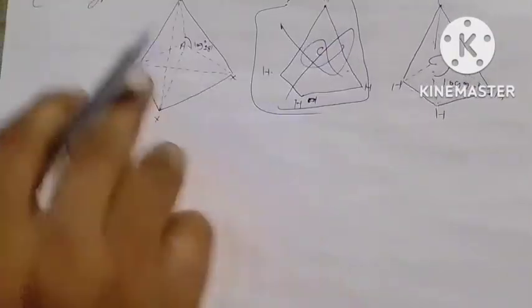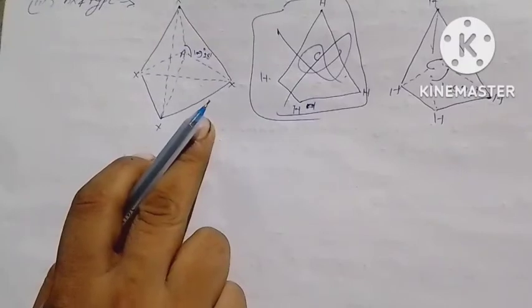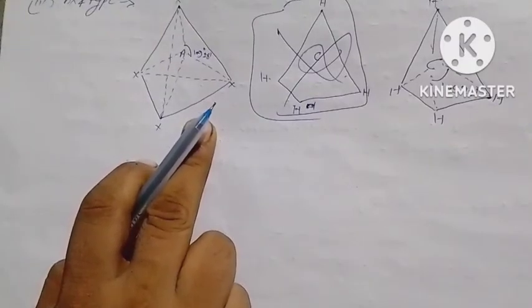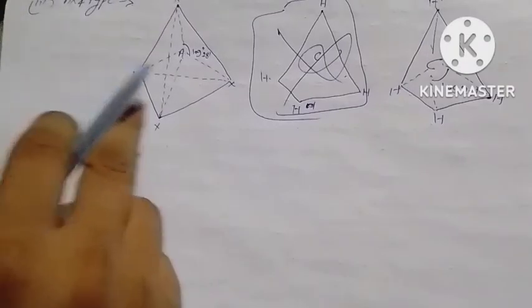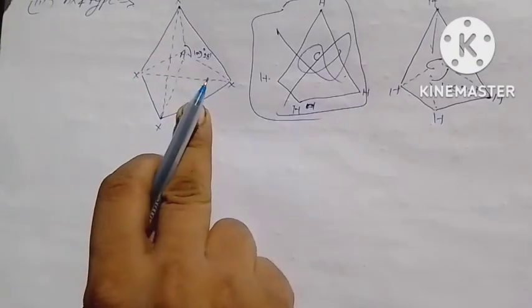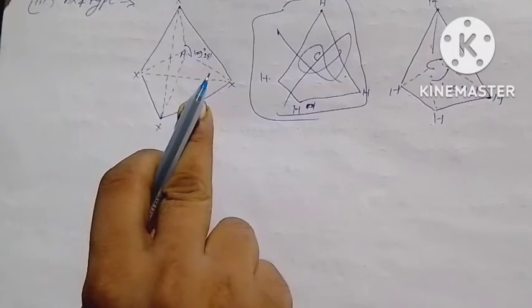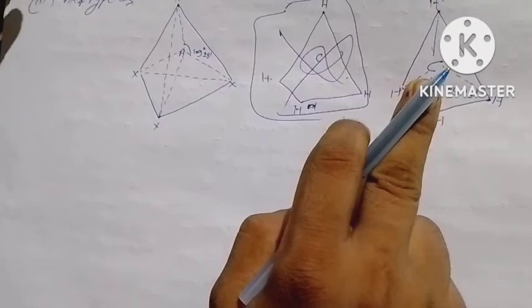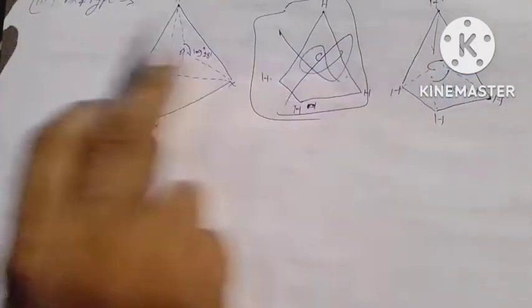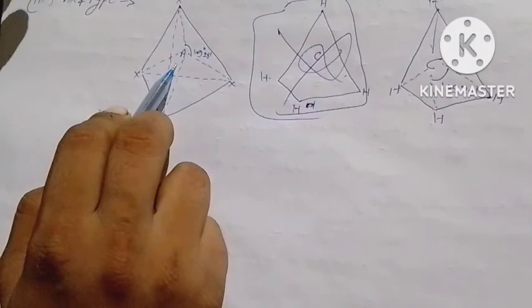We will now learn about AX4 type. AX4 type molecules have only bond pairs and no lone pair electrons present on atom A, and have regular geometry.